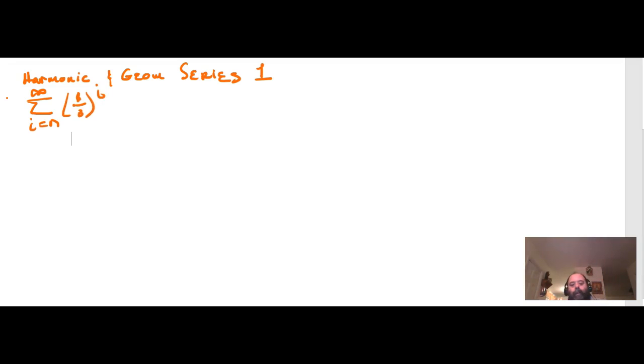The key here is recognizing that if I have the sum from i equals 1 to infinity of a times r to the i minus 1, given the absolute value of r is less than 1, this goes to a over 1 minus r.